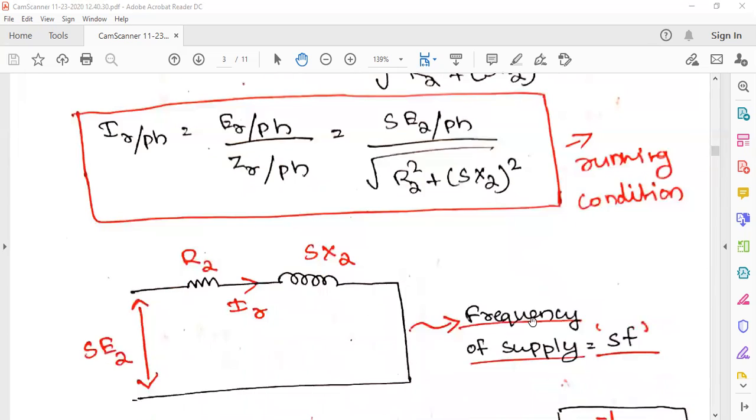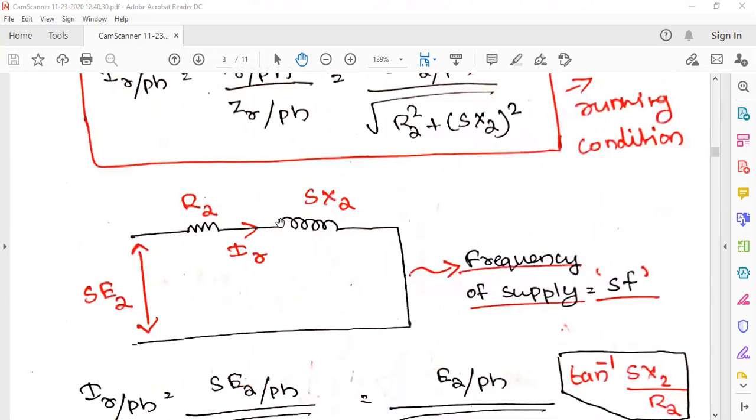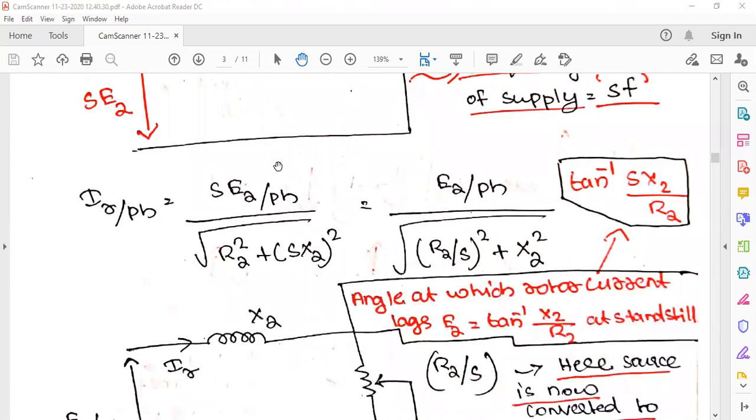So from the figure at standstill, we finally arrived at this figure for the running condition. In that case, the EMF will be S into E2, the resistance will be R2, and the reactance will be S into X2, and the frequency of the supply will be S into F. So we can write Ir per phase is S E2 per phase divided by the root of R2 square plus SX2 square.